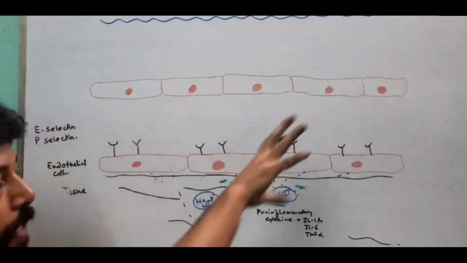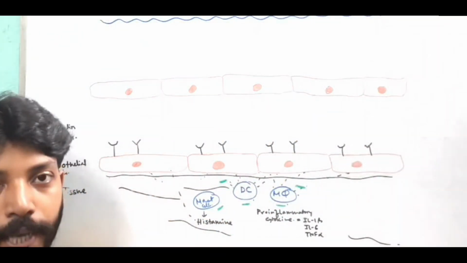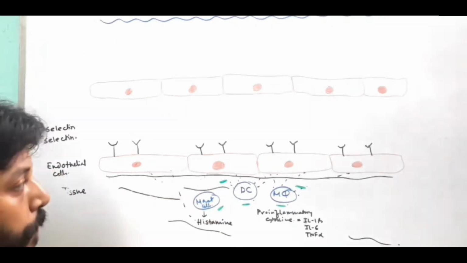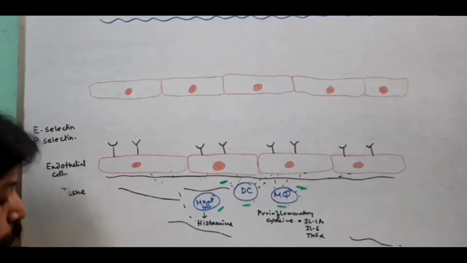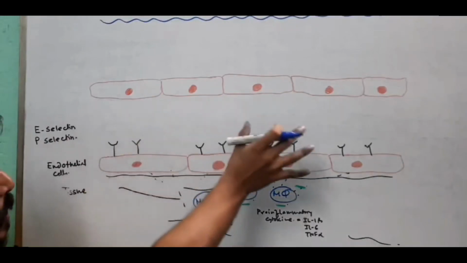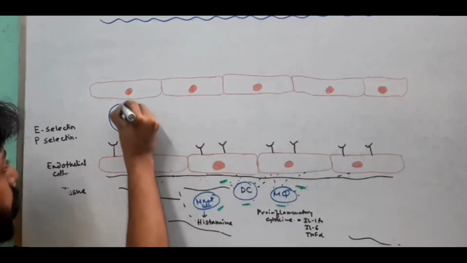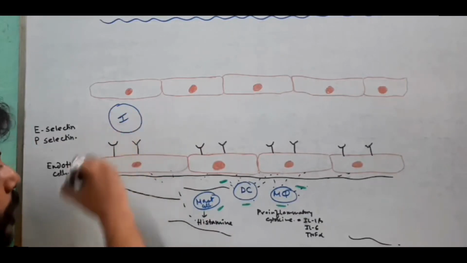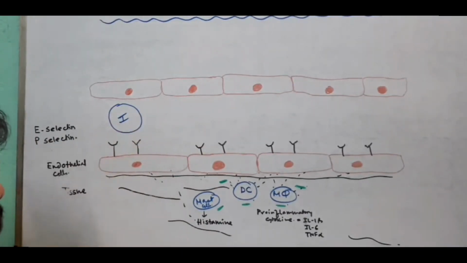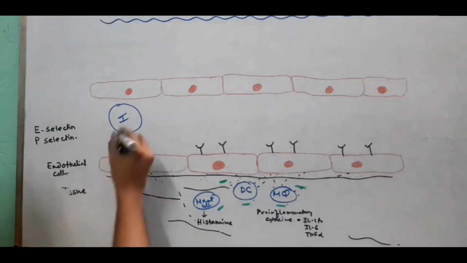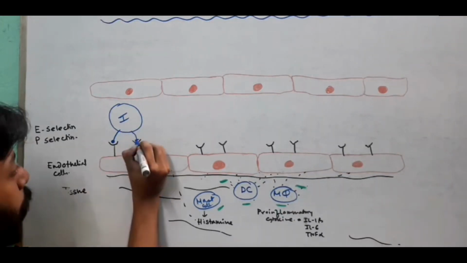Through these blood vessels, blood flows, and in the blood immune cells are present like leukocytes. These are the immune cells. So immune cells flow through these blood vessels. These immune cells express some ligands for P-selectin and E-selectin, so they can bind with these molecules.